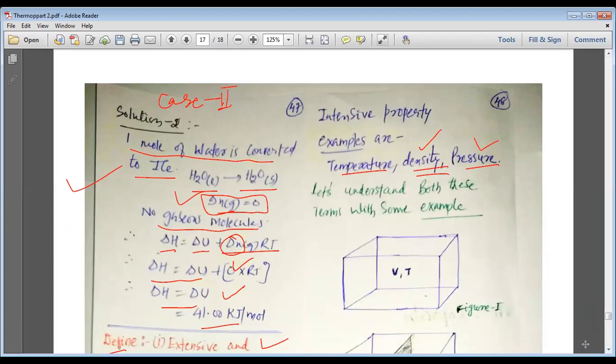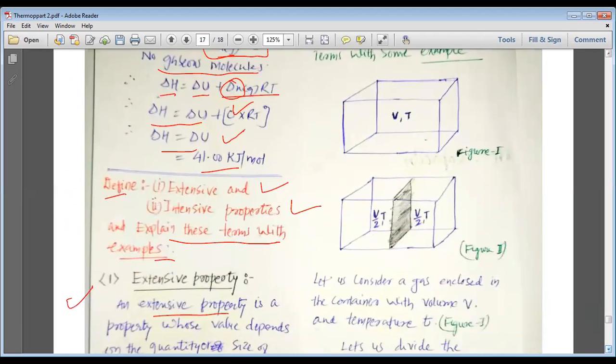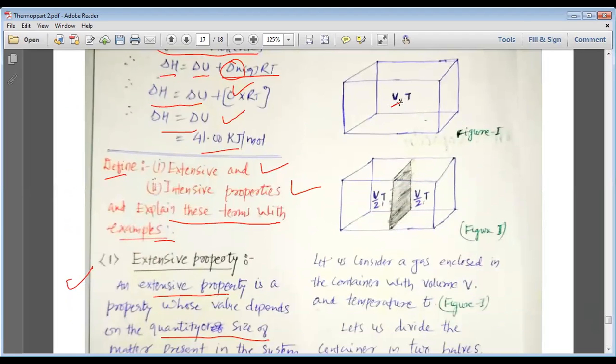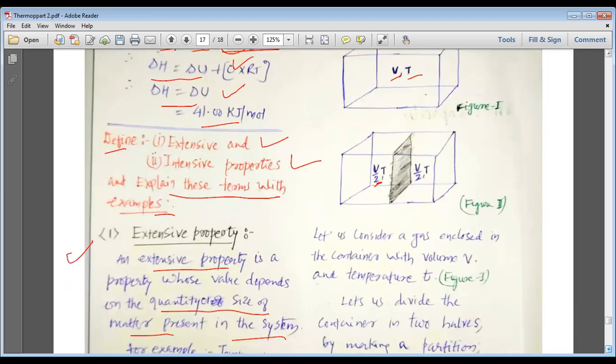Now let us understand the same with one example. Suppose we have a container in which the volume is V and the temperature is T. Now we divide this container with a partition so that the volume becomes half, V by 2, V by 2. But the temperature in both cases remains constant, and that is why we can say that volume is an extensive property whereas temperature is an intensive property.